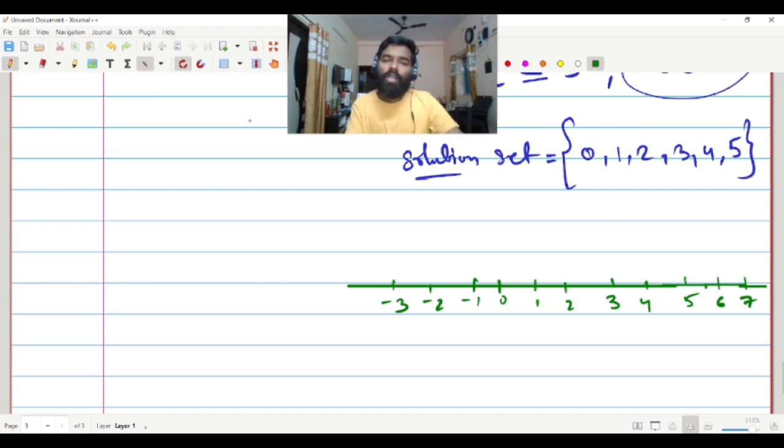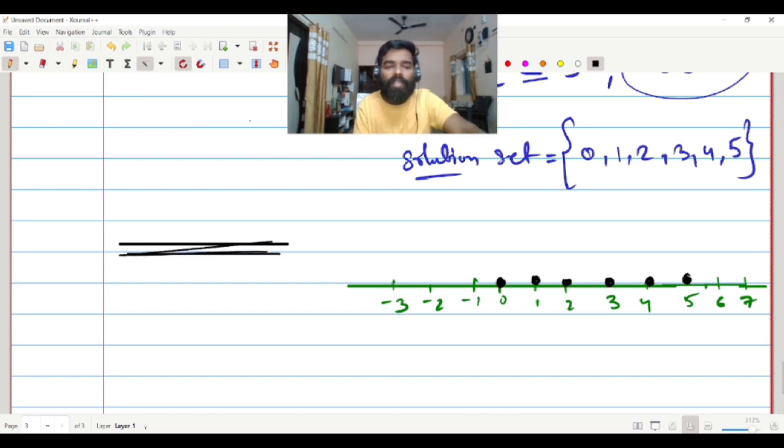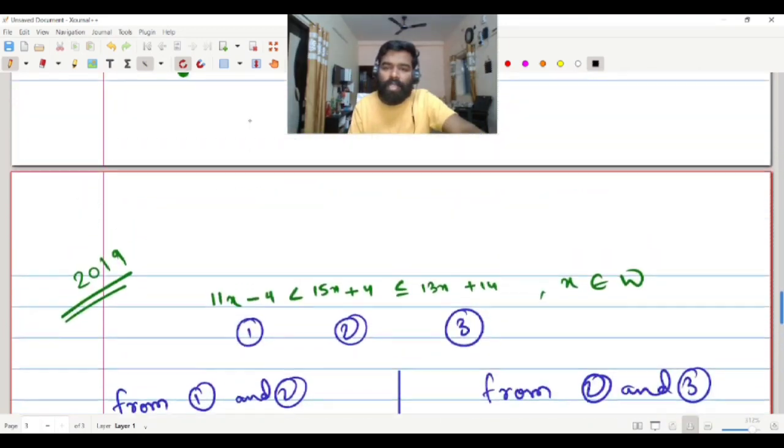So all the numbers which are there in the solution set, that is 0, 1, 2, 3, 4, you need to indicate it particularly. You need to make circles overhead of these numbers, but you cannot draw this kind of line in between, like shading.